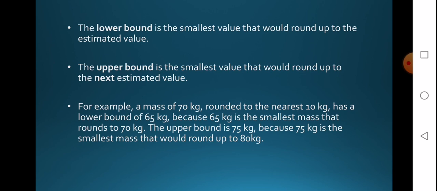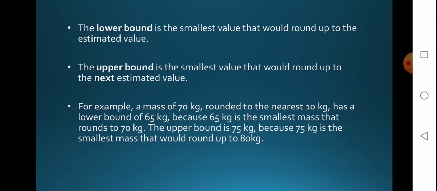The upper bound is 75 kilograms because 75 kilograms is the smallest mass that would round up to 80 kilograms. And this can be shown as an error interval using inequality symbols: 65 kilograms is less than or equal to the weight, and less than 75 kilograms.